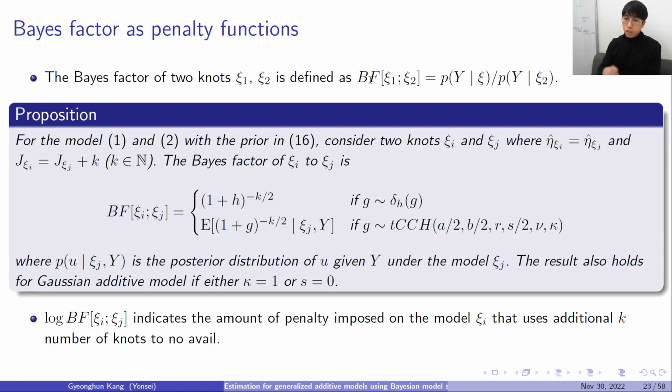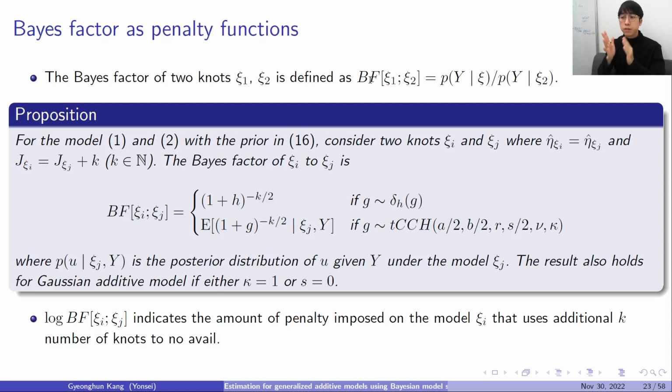So let's assume a hypothetical two-knot configuration. These two knot configurations have exactly equal fit, so the maximum likelihood estimate under each model is identical, and the shape of the function is exactly identical.